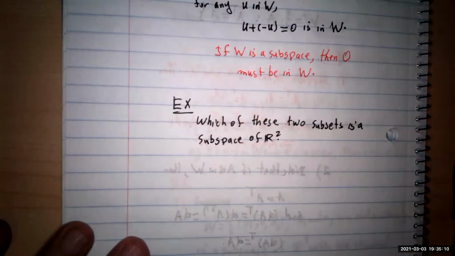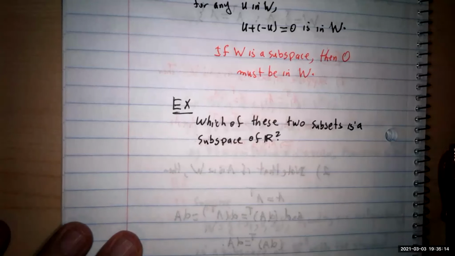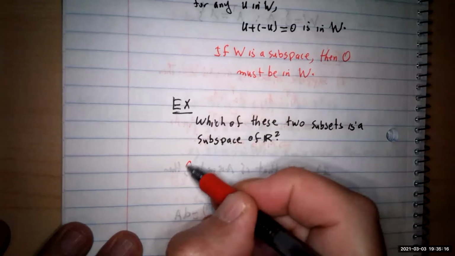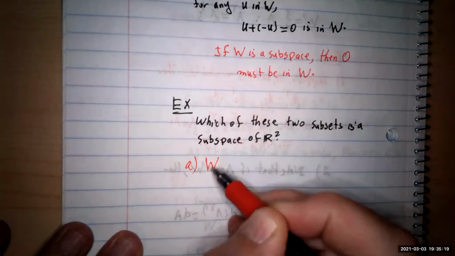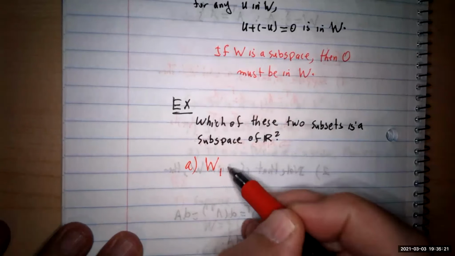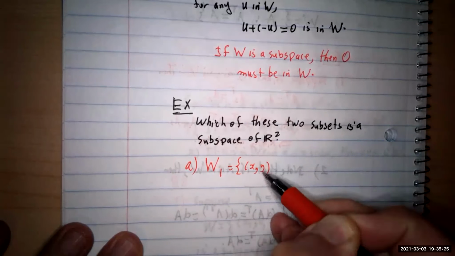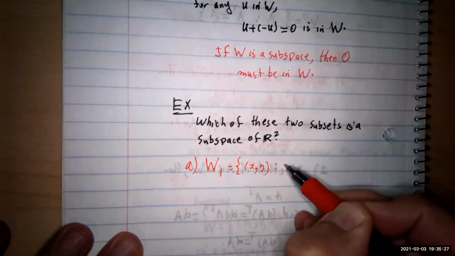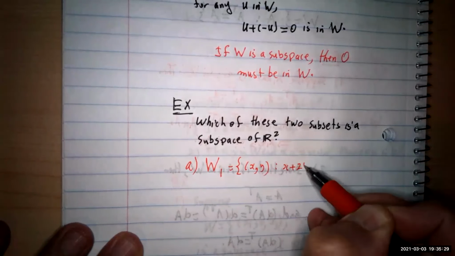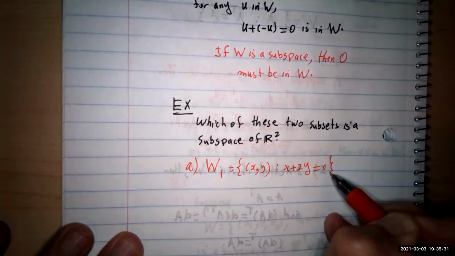You want to check it. Part 1: they give you something we call W1, which is X comma Y with the condition that they satisfy X plus 2Y equal to 0.